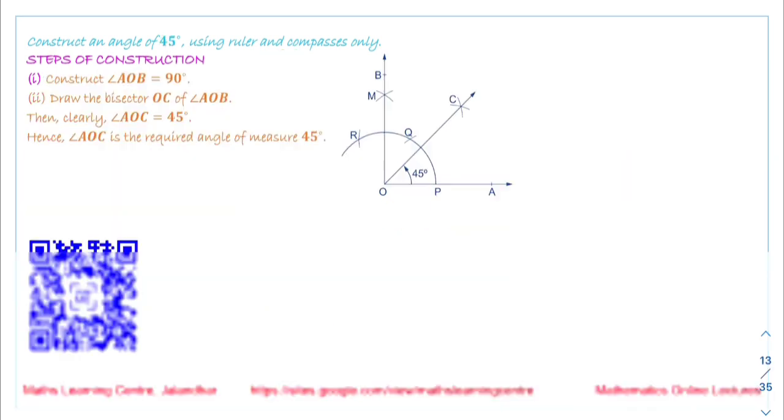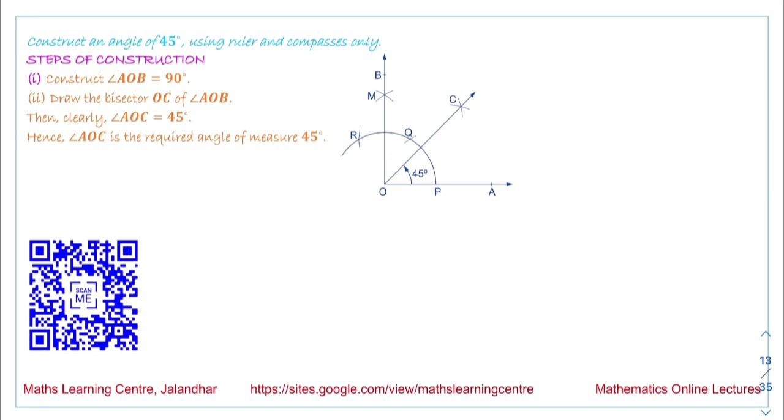Now next we have to draw the angle of 45 degrees. We have marked this ray OA. In the first step we draw the angle of 90 degrees, and by bisecting the angle of 90 degrees we will get the angle of 45 degrees. To draw the angle of 90 degrees, again the same procedure: we mark this arc PQR.